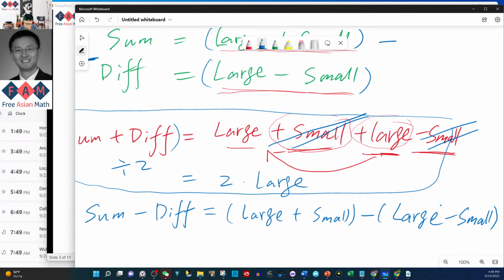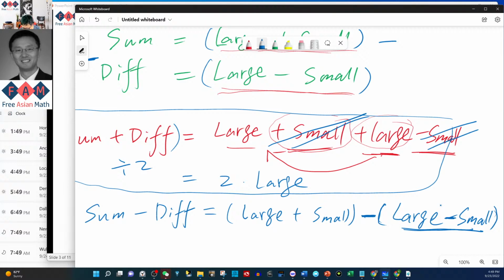Okay, this may present some difficulty because how do we handle this? There's a subtraction here, and inside this parenthesis there's a further subtracting. What you can think about this is that this quantity, large subtracting small, is smaller than large, right?